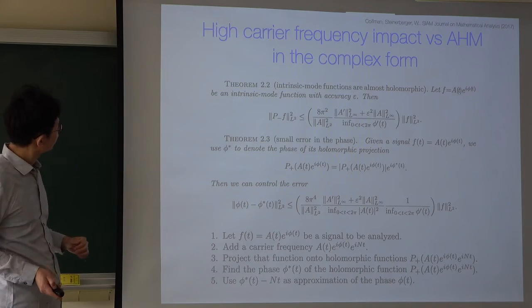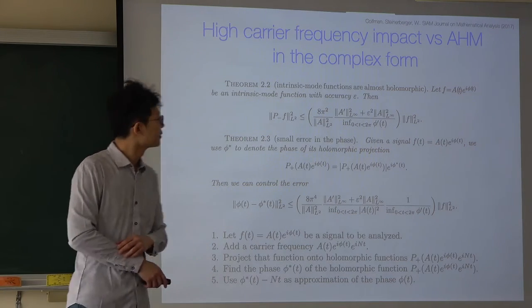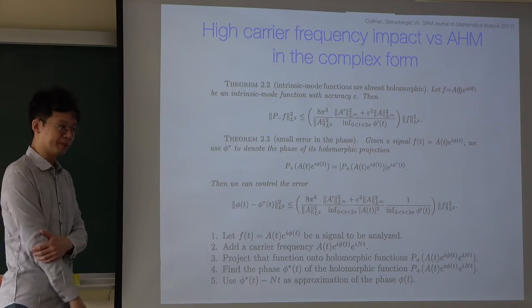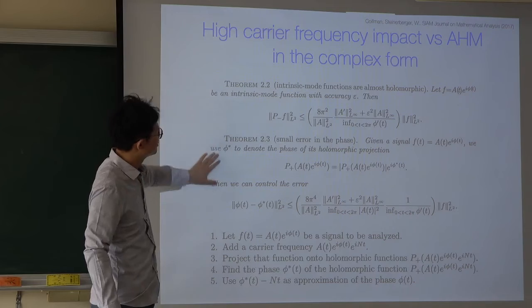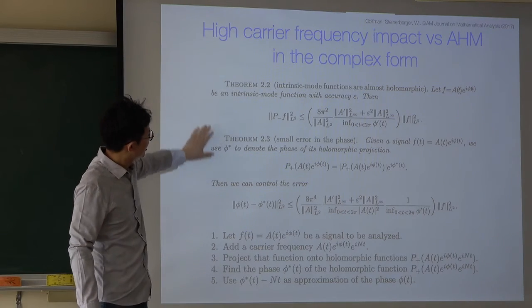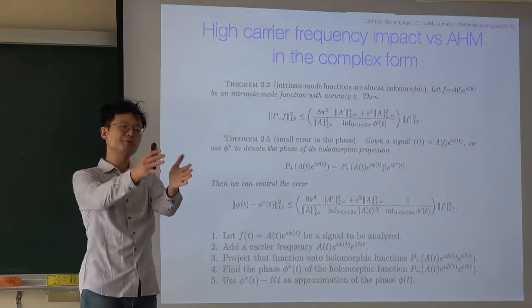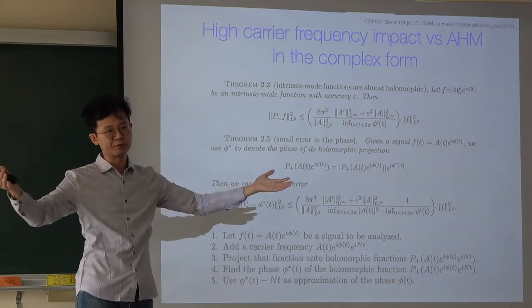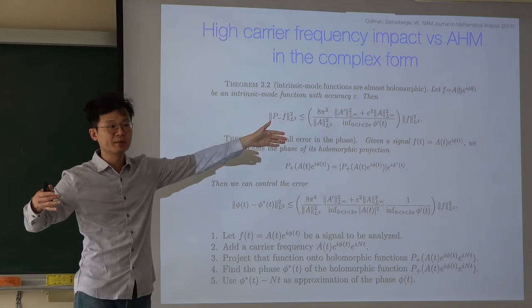And there's the final slide about the high carrier frequency impacts in the amplitude modulation, the adaptive harmonic function in the complex form, which actually looks very complicated. You can read it later if you are interested, but it only tells you that if you have an adaptive harmonic model function, in general the frequency may have support in the negative frequency.